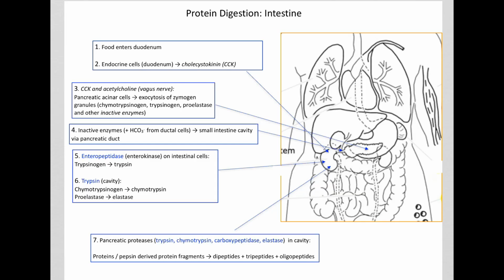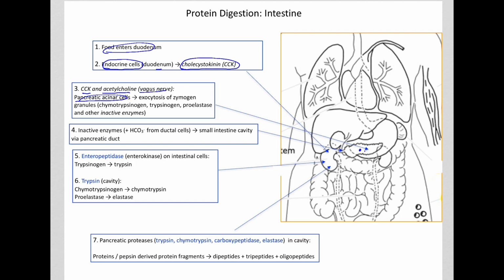So when the food enters the duodenum, these endocrine cells present in the duodenum are stimulated to secrete cholecystokinin, CCK. And this CCK, together with the acetylcholine that comes from the vagus nerve, will stimulate the pancreas, the pancreatic acinar cells.